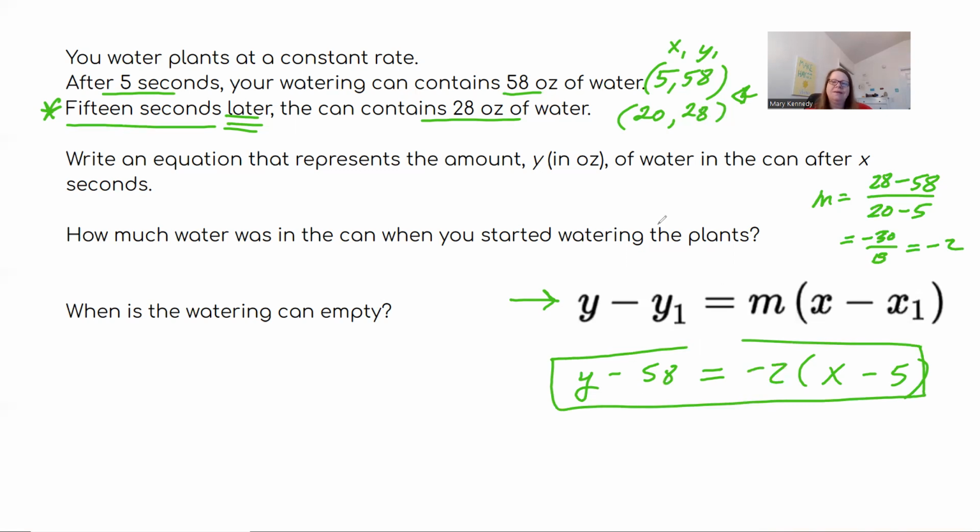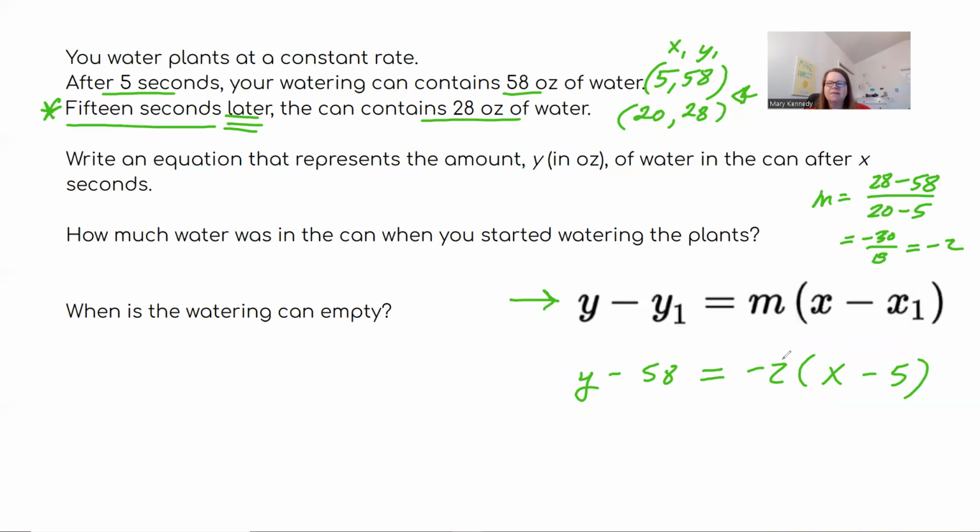If you need it in slope intercept, I'm not sure that it's super clear here which one this means. I think that it could mean that they want it to say just Y equals, and so you would have to put it in that form. So if we're going to do that, let's see how that would look.